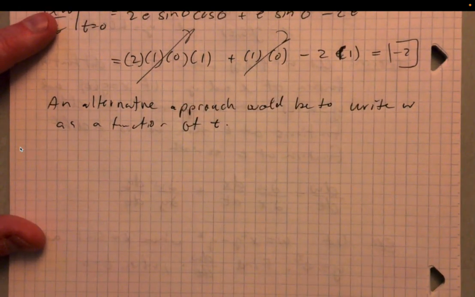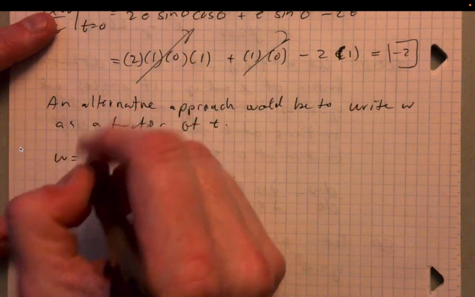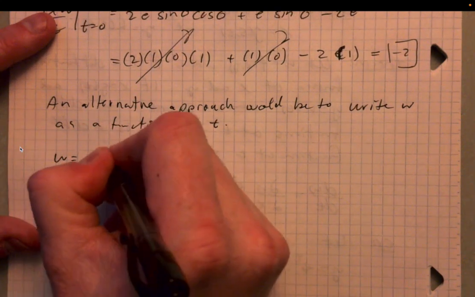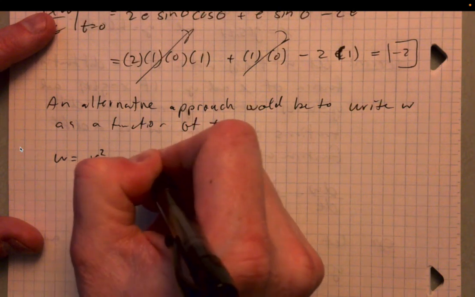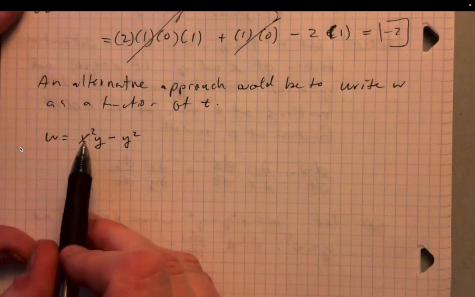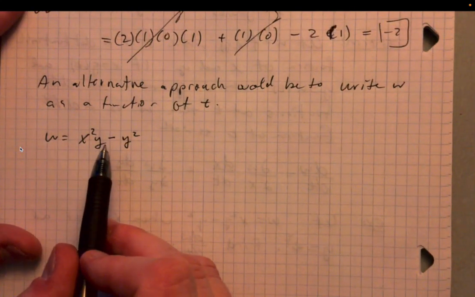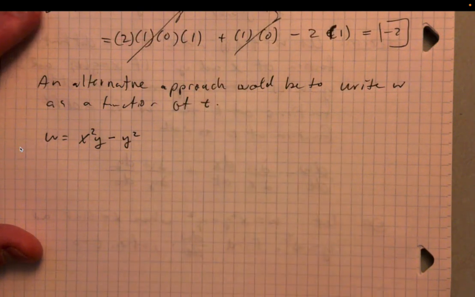And then just differentiate as normal. So let's talk that through. Let's do that example. So w, remember, was x squared y minus y squared, right? X is sine of t and y is e to the t power.